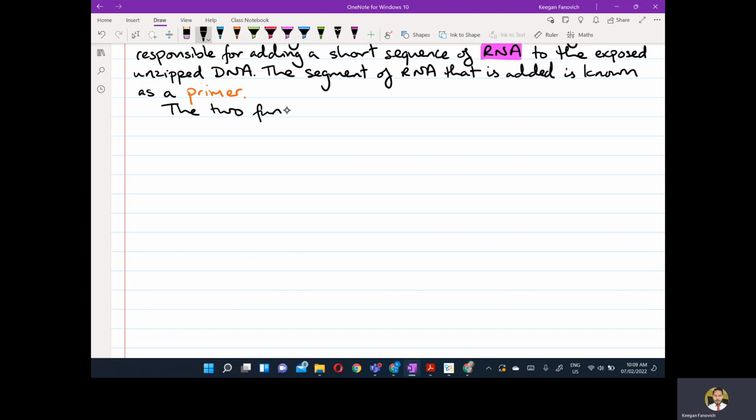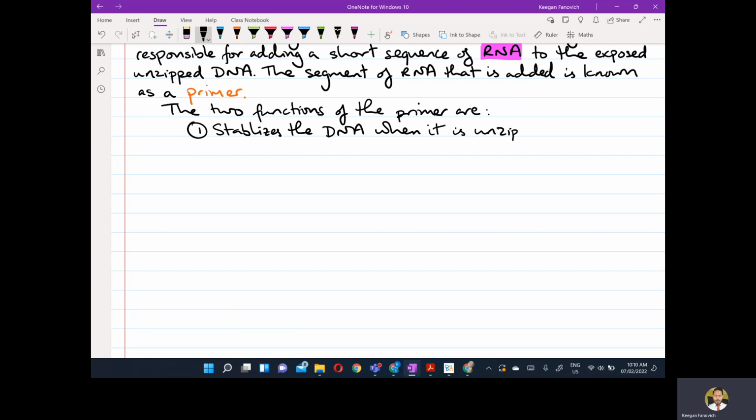The two functions of the primer are, number one, stabilizes the DNA when it is unzipped, and two, provides a point for attachment of DNA polymerase.